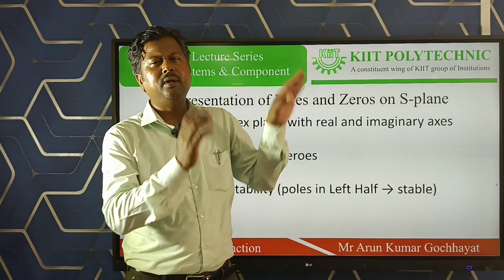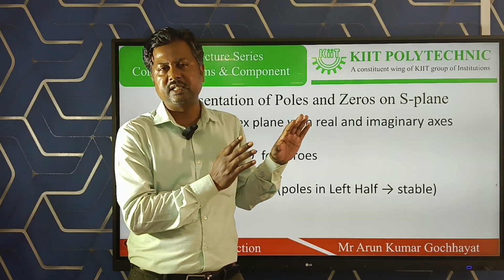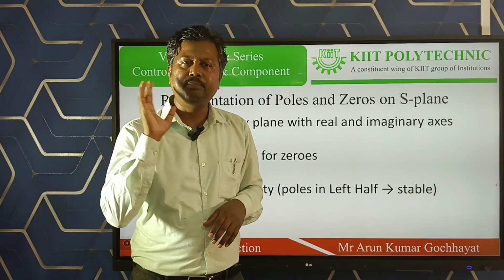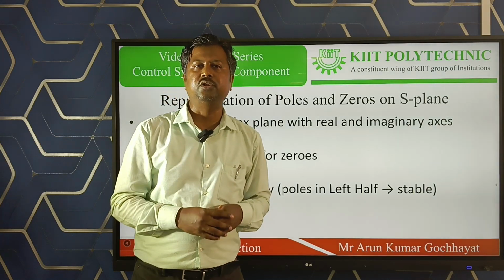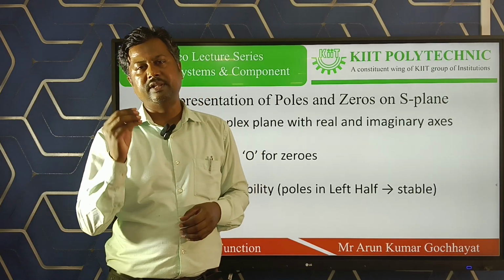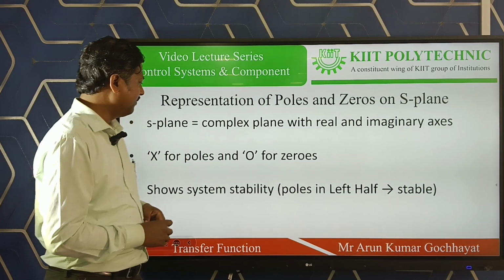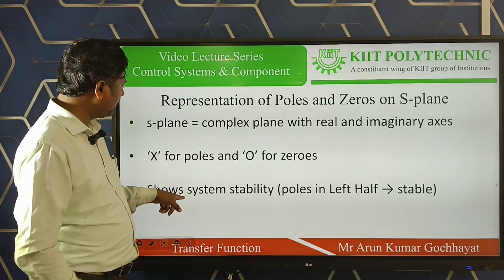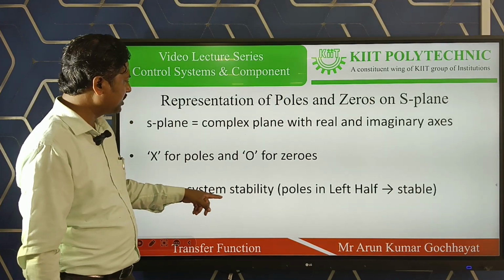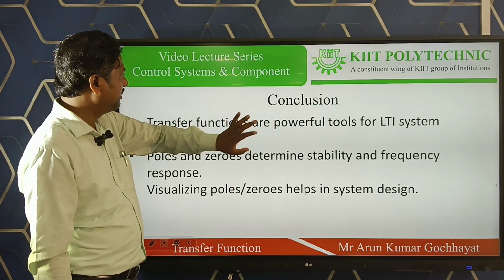Similarly, if only a single pole or zero lies over the imaginary axis, for that position the system becomes marginally stable. It is written over here: for a system to be stable, poles must lie over the left hand side.